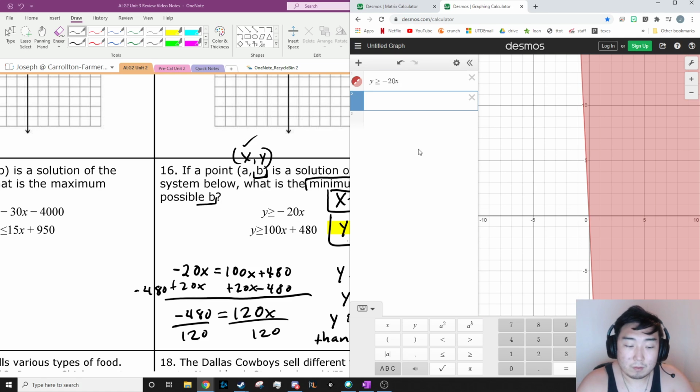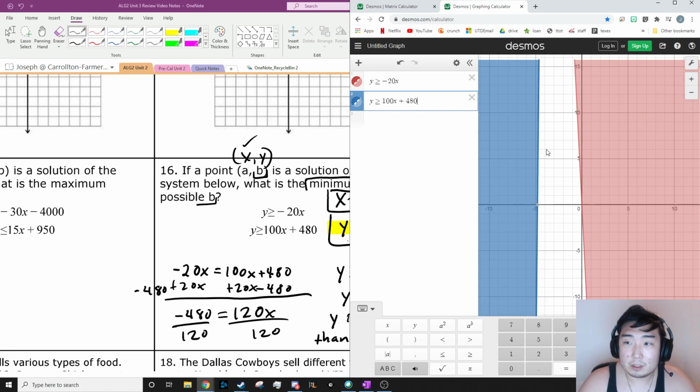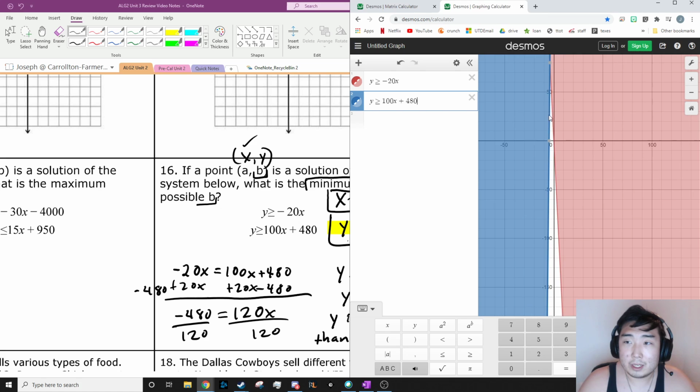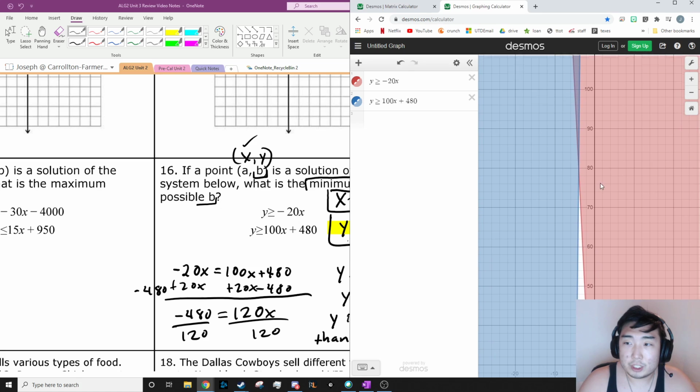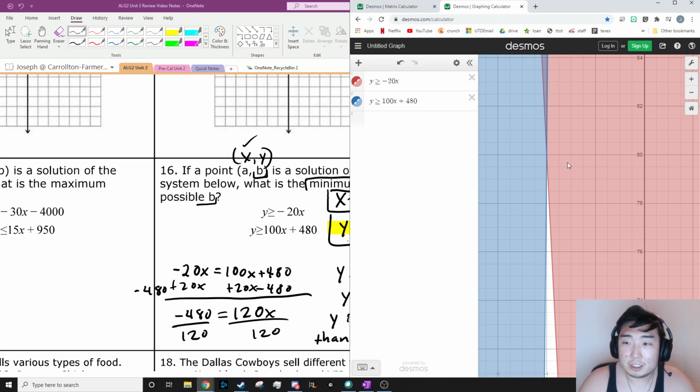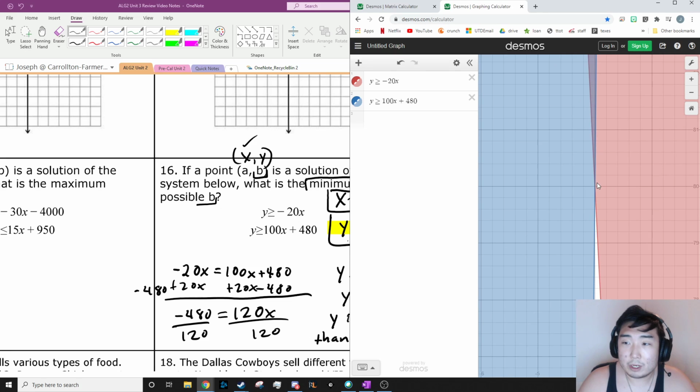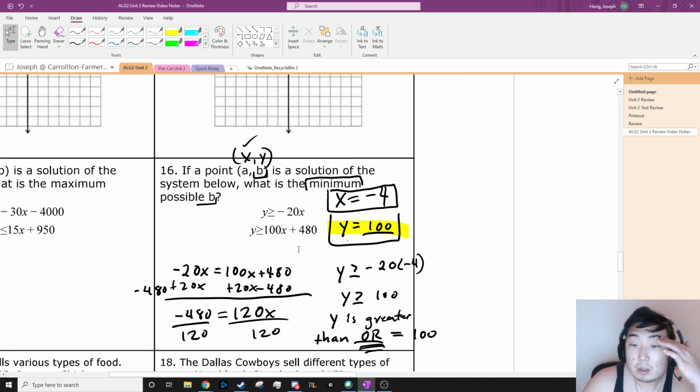And the next one, y is greater than or equal to 100x plus 480. So if I go all the way up for my solution, right here where it crosses, this is actually where my minimum y value would be. 80. Why is it 80?